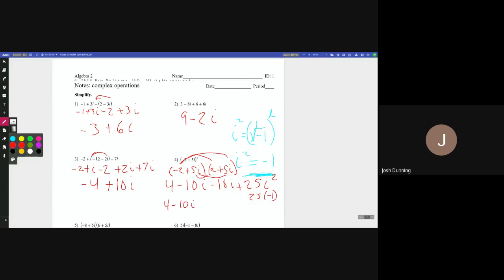Now also just remember, i squared, the whole thing is negative 1. So you don't write i anymore. It just is minus 25 now. So then 4 minus 25, negative 21. Minus 10i minus another 10i, minus 20i.